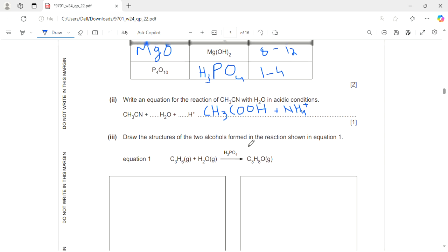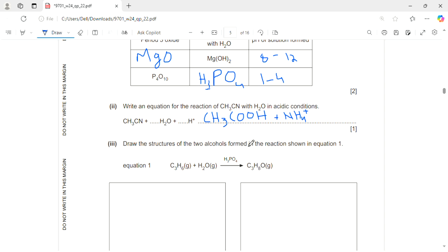But balance these things. I think it's completed.